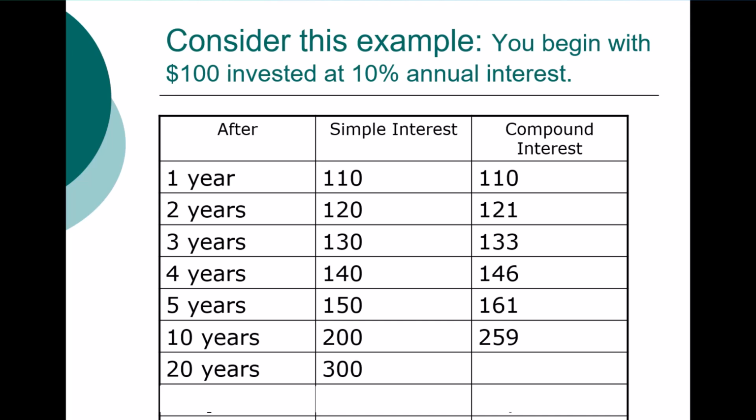After 20 years, simple interest is going to give us $300 on that initial principal of $100. With compound interest, we're going to be over double that at $672. And after 50 years, simple interest would be $600. Compound interest, we would have $11,739.